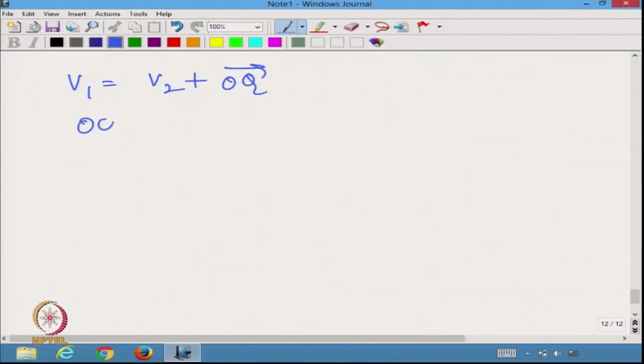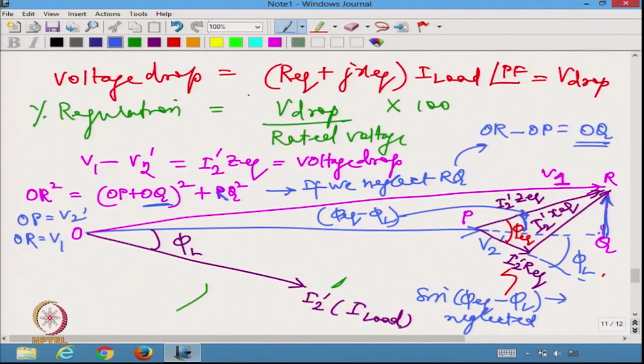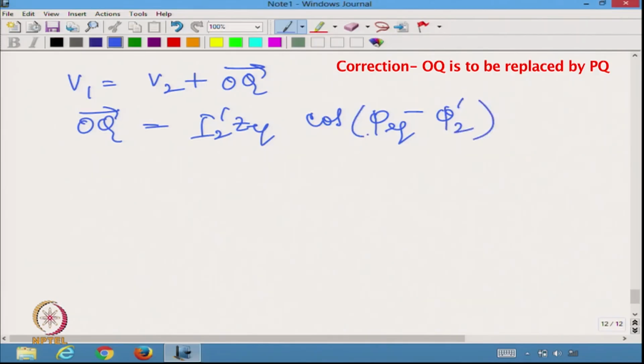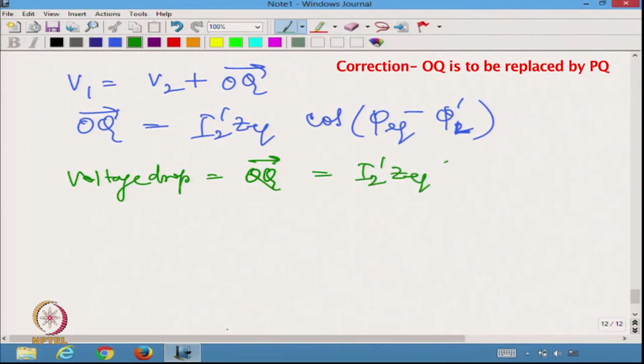OQ is basically I2 dash ZQ times the cosine component of this angle, so that gives me I2 dash ZQ cosine of phi equivalent minus phi L. So, the voltage drop is equal to OQ, which is equal to I2 dash Z equivalent cos of phi equivalent minus phi L.